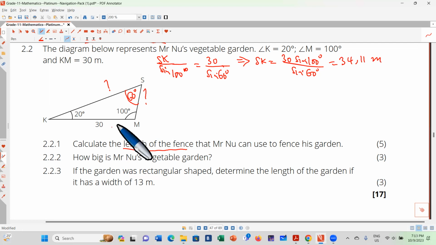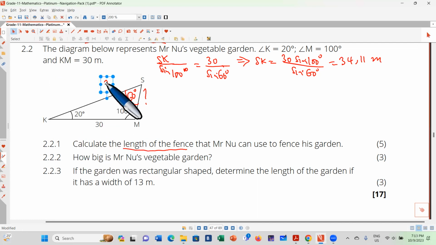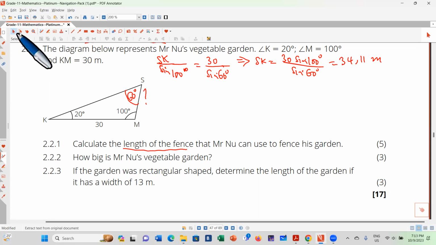We found SK. So the distance from S to K is 34.11 meters.